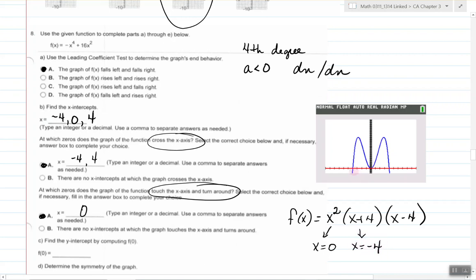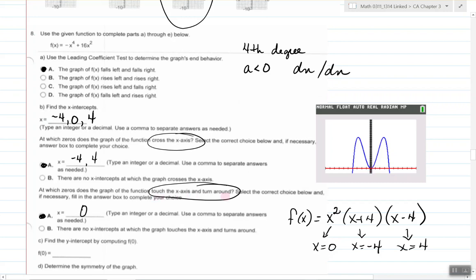Multiplicity 1 passes through. This one would give you x equals 4. Single multiplicity passes through. But this exponent of 2, if we could have factored it, we would have gotten that x equals 0 is the zero, but it is twice, and that changes the behavior to touch and turn away.